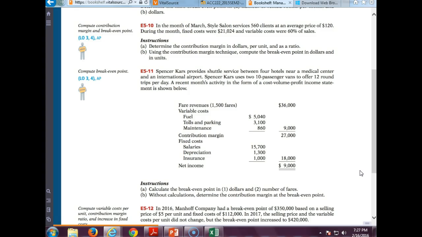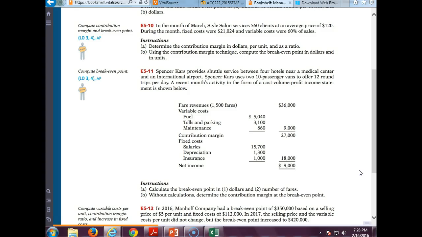What are our fixed costs? $18,000. $18,000 in costs divided by our contribution margin per fare, 18. How many of those fares do we need to have in a month to break even? 1,000 fares, right?